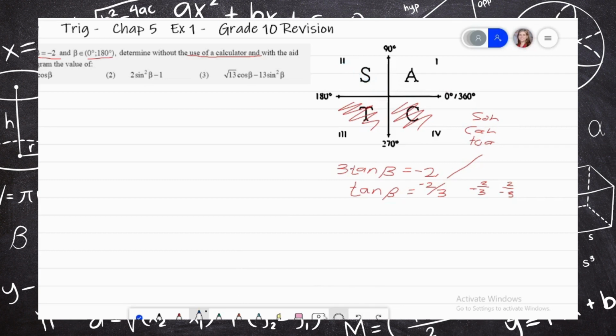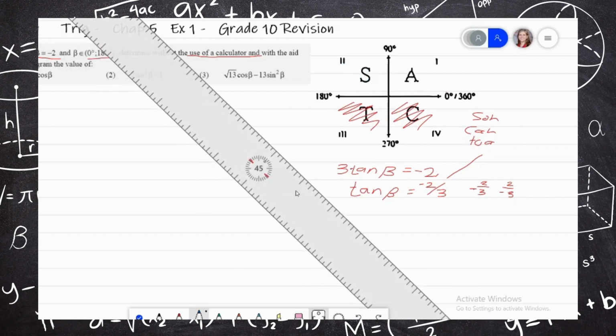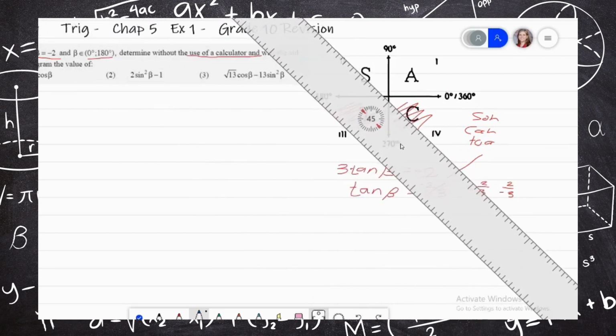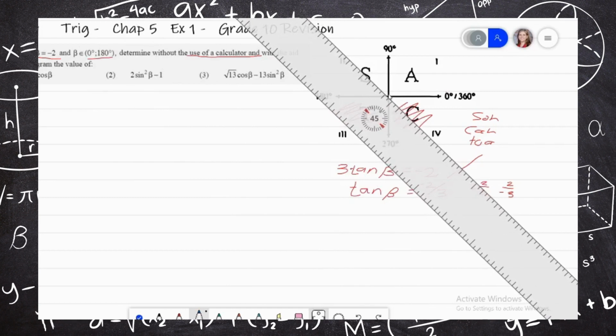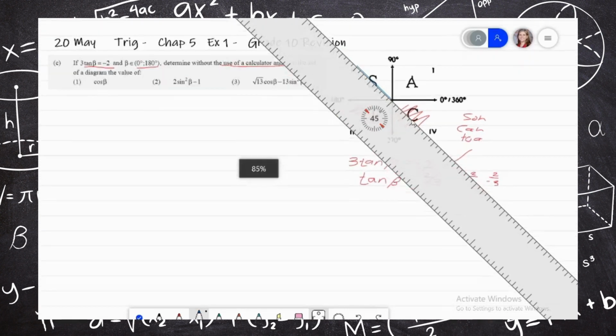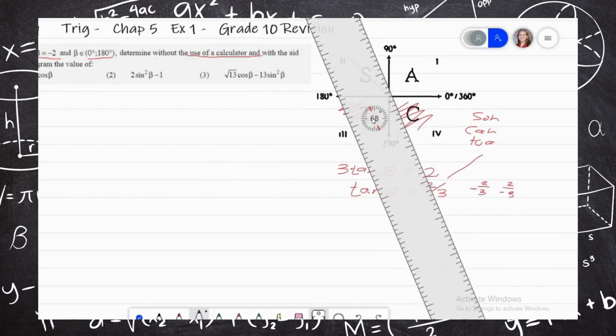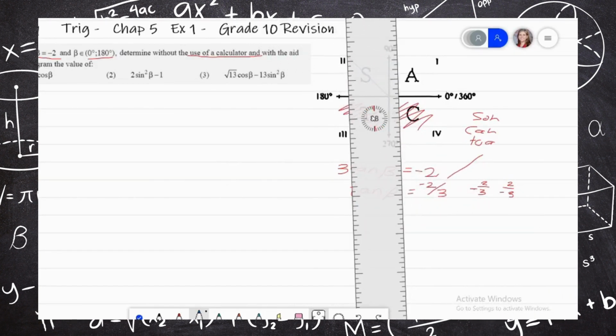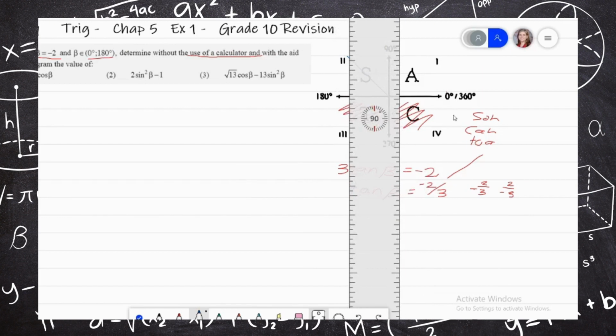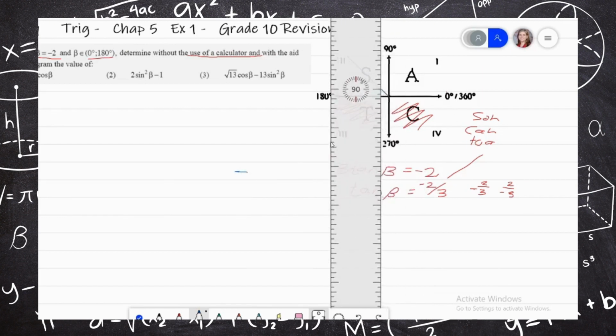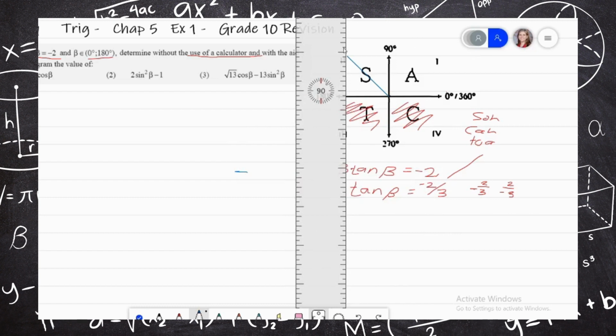Let me just get the ruler so that I can draw a nice straight line, just so that it can look neat.